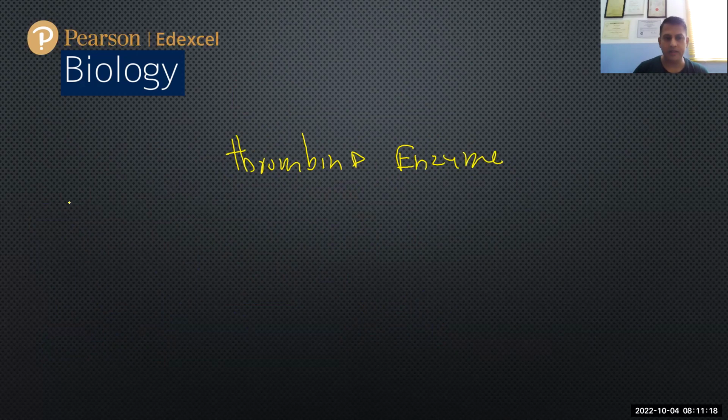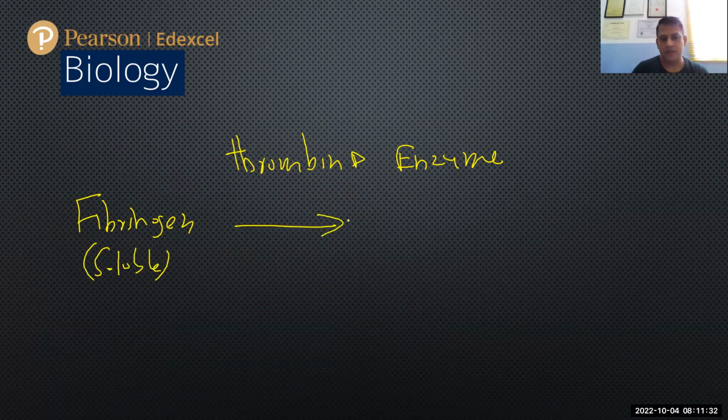What is the substrate? Fibrinogen. So fibrinogen is soluble. This is converted into fibrin by the action of thrombin. Fibrin is insoluble.